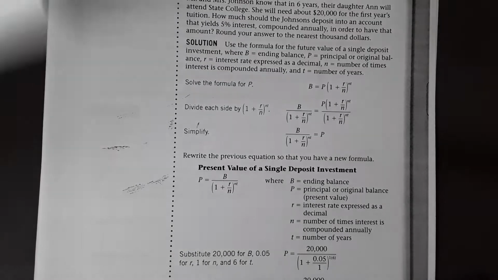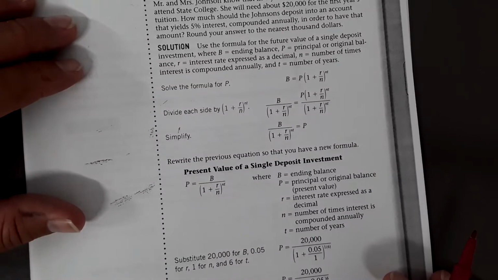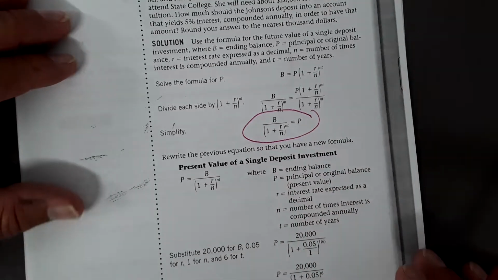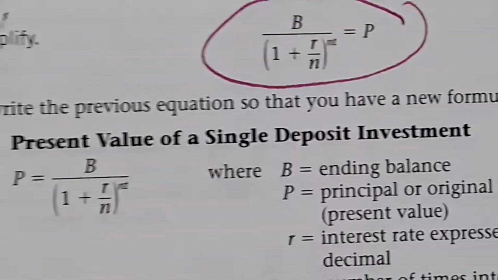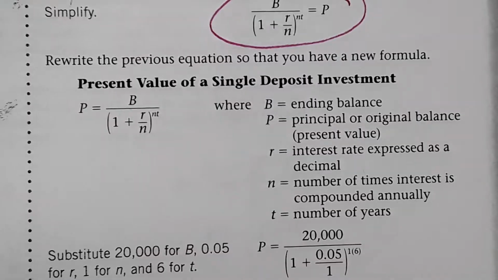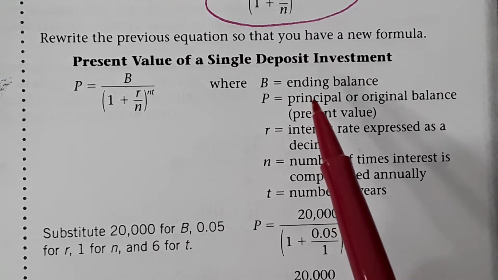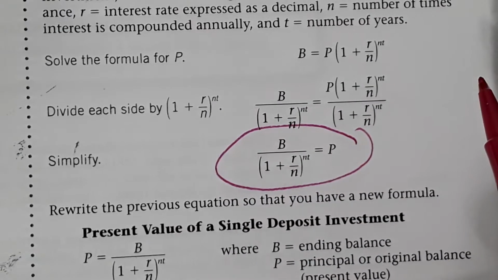Okay? And just like before, there is a formula. And it's this formula right here. And it's the same variables that we were using before. B is the ending balance. Okay. This was the formula.